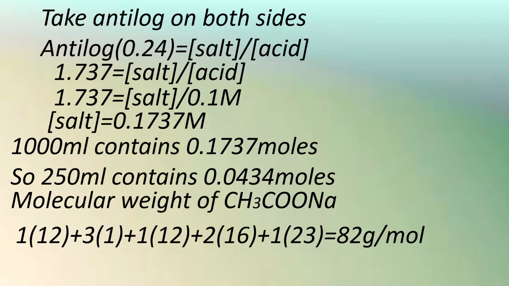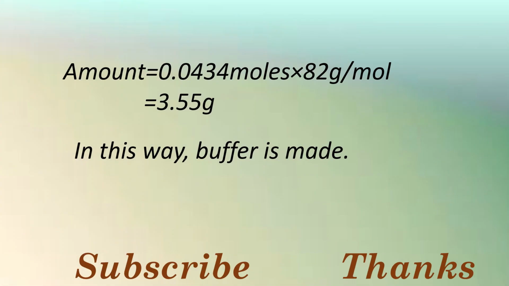We have calculated moles and molecular weight of sodium acetate. Now we will apply amount formula and we will find out amount of sodium acetate. Amount is equal to moles into molecular weight.